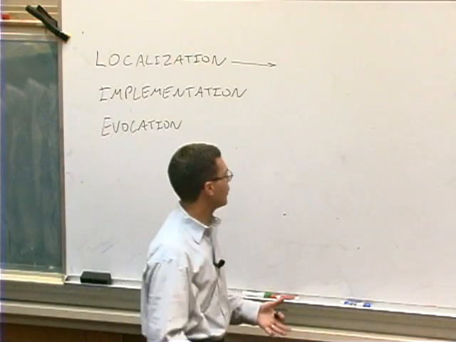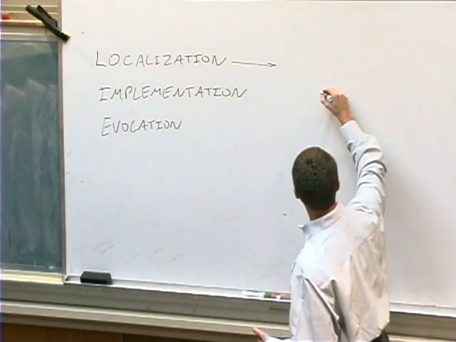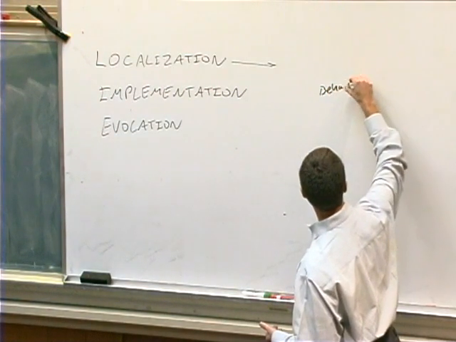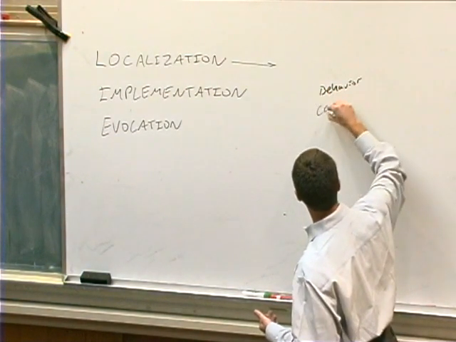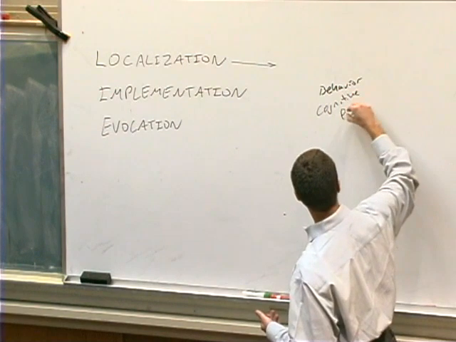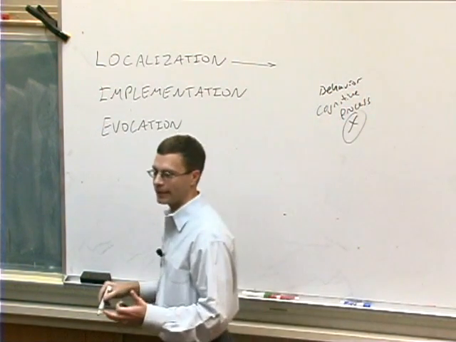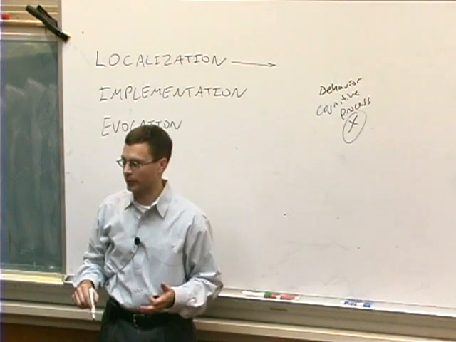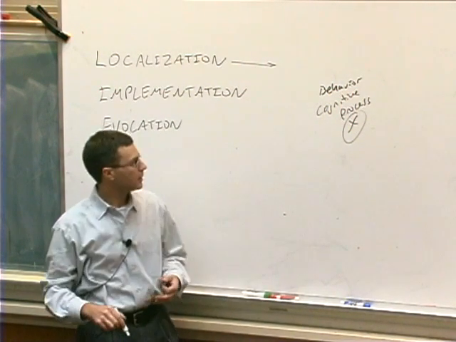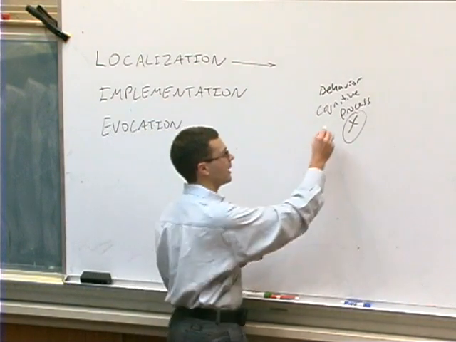Okay? So the idea is that you have a behavior, and in particular you have a particular cognitive process, we'll call it X, and you want to know where in the brain that cognitive process produces neuronal activity.